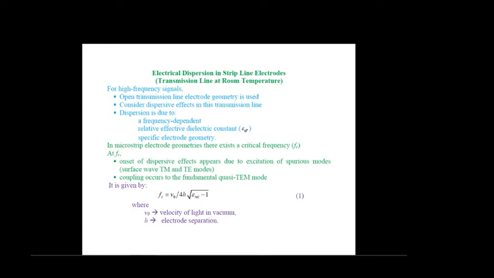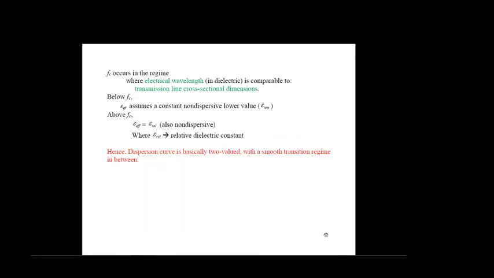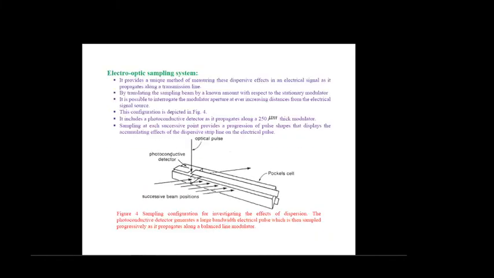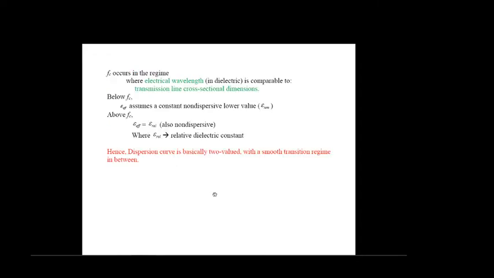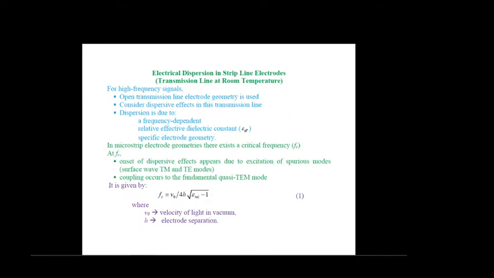The dispersive effects in the open transmission line electrode geometry can be considerable for high frequency signals. Dispersion is due to the frequency dependent relative effective dielectric constant epsilon effective and the specific electrode geometry.